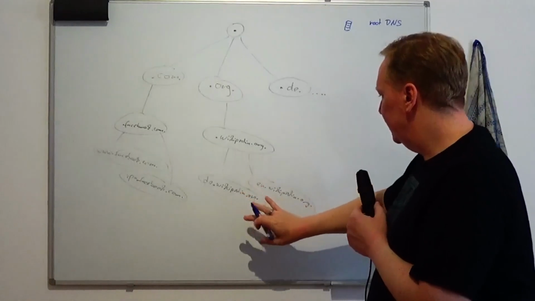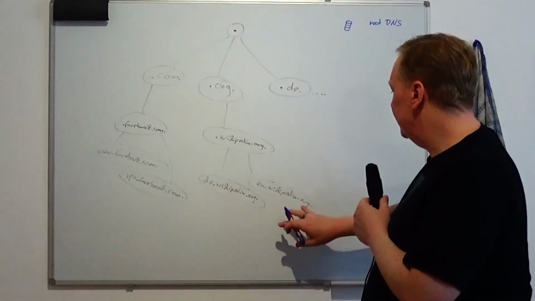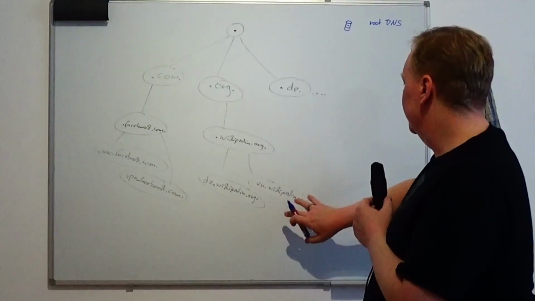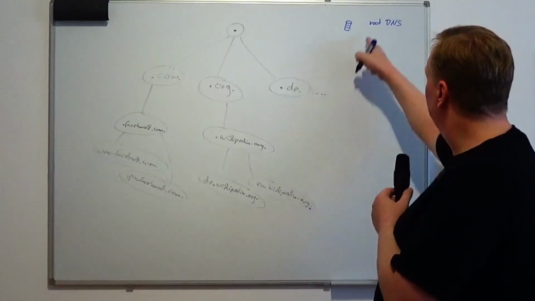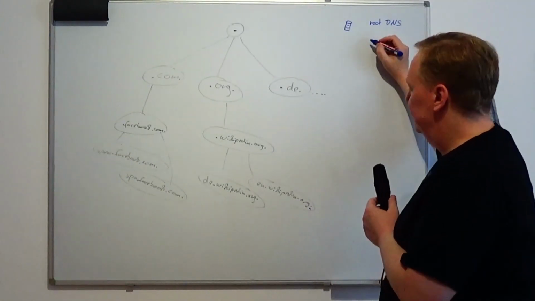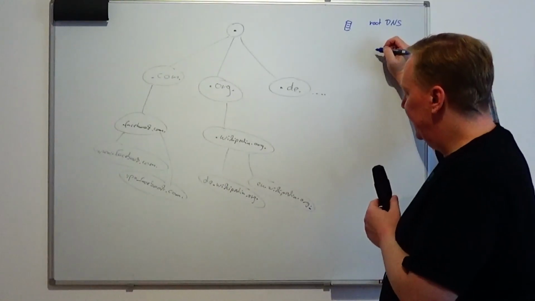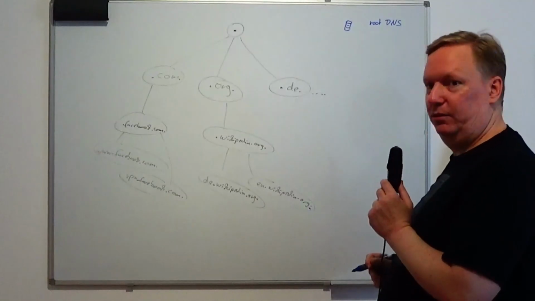And when your computer now tries to access, for example, en.wikipedia.org, what happens is it will send a request because of this final dot here to the root DNS server, and will ask the root DNS server, hey, who is en.wikipedia.org?